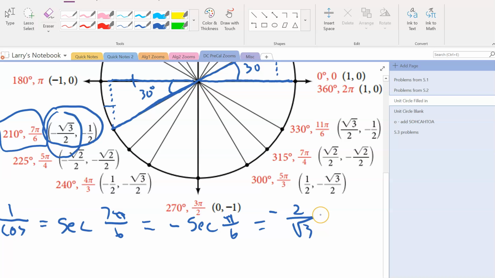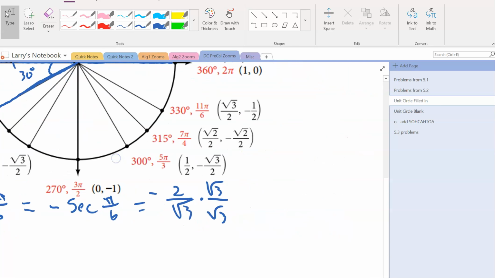Again, we need to rationalize the denominator, so we'll multiply by the square root of 3 over the square root of 3. The square root of 3 times the square root of 3 is 3. 2 times the square root of 3 in the numerator. Don't forget the negation.